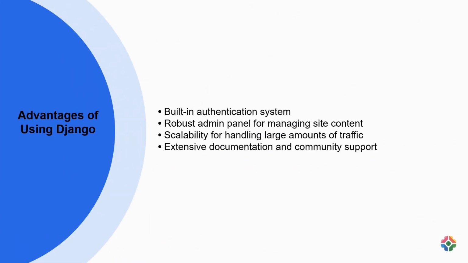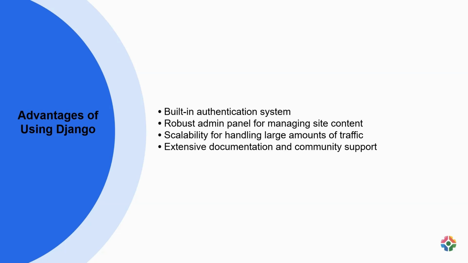The industrial training will cover the following key aspects. 1. Overview of the built-in authentication system, explaining how it enhances security by allowing users to create accounts, log in, and access restricted content on the site. 2. Guidance on utilizing the robust admin panel for efficiently managing site content, including creating, editing, and deleting pages, posts, or media. 3.